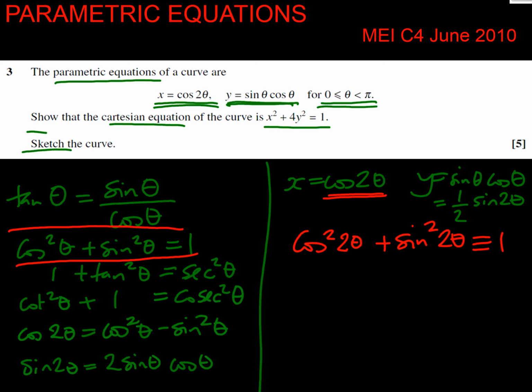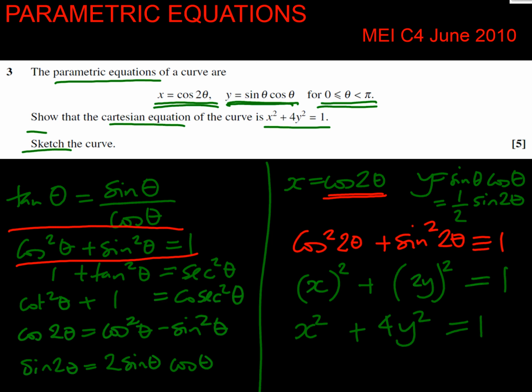So now we can substitute those into our equation. So our first term now is our substitution. Cos 2 theta is x, and sine 2 theta is 2y. I'm going to square those, and that's going to be equal to 1. And we can rewrite that, can't we, as x squared plus 4y squared equals 1, and that's what they asked us to show.